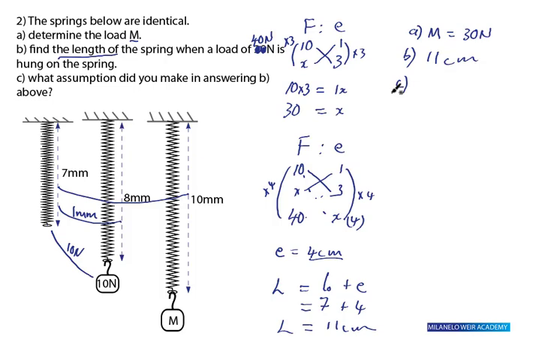See the assumption made. What is the assumption made? Because we are saying 40 newtons, we are saying find the length of the spring when a load of 40 newtons is hung. It is not hung yet. We are just imagining the length that will result from this 40 Newton force when it extends. We are not sure, so we assume everything goes according to plan.